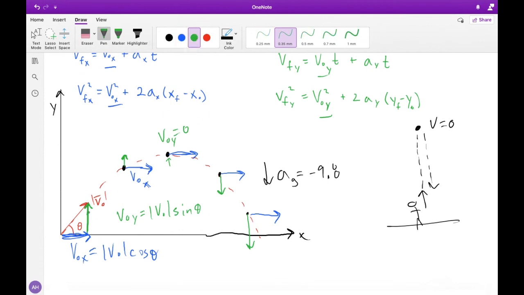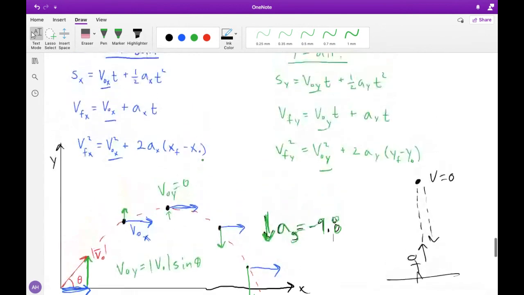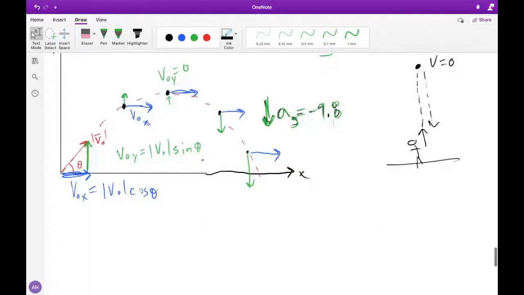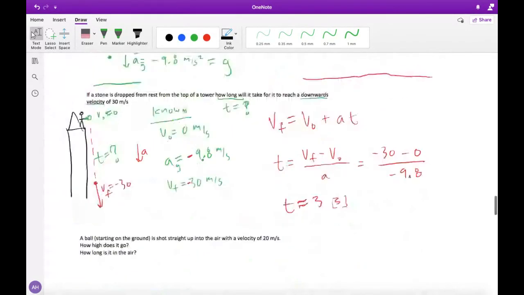And so, it's upwards here, it decreases, at the top it's 0, and now it's going downwards, and now it's going downwards even faster. And this is because the acceleration is only in the y direction, which is due to gravity. So I'm just going to leave it at that.